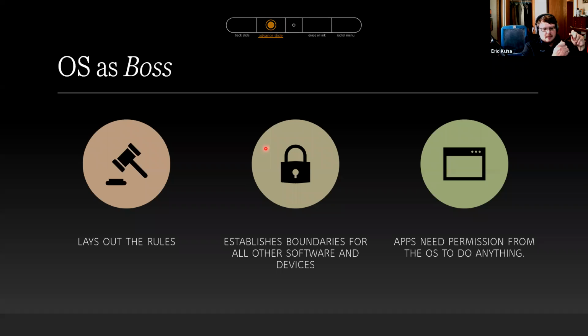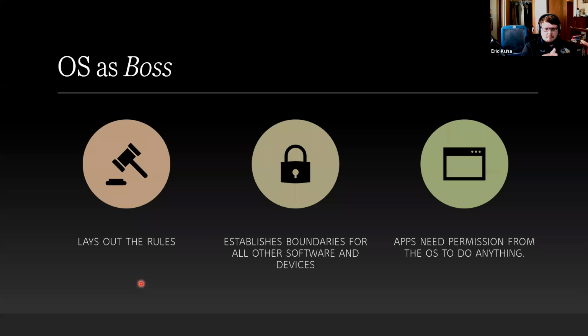So as a boss, the operating system's job is to lay out the rules for all the other apps to obey. It gives the whole system structure. It makes sure that everybody plays nice with each other, and it is the final authority on who gets access to what resources.